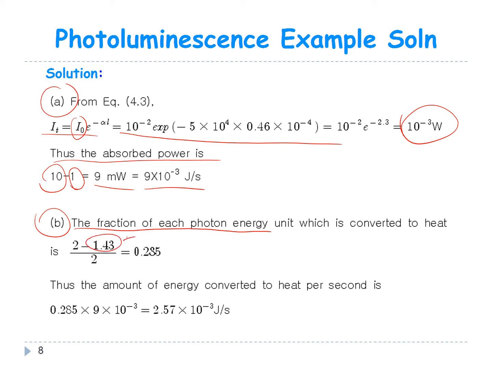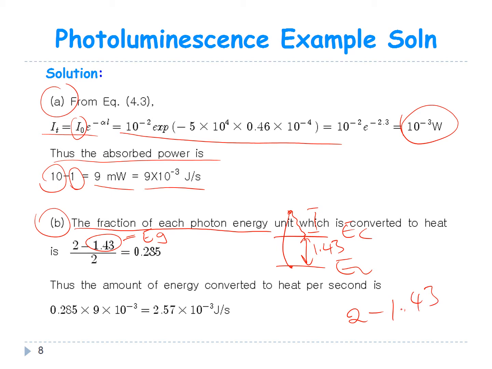So this is the gap, the EG, the energy gap. So you have your EC and you have your EV. This gap is 1.43. So your electron goes there and the rest is lost. So to get this amount, we can simply say 2 minus the gap, 1.43.